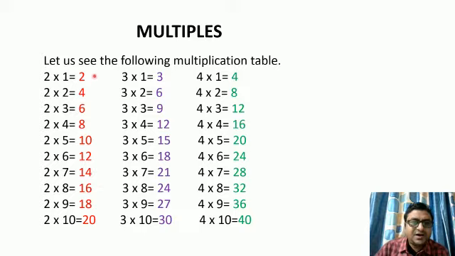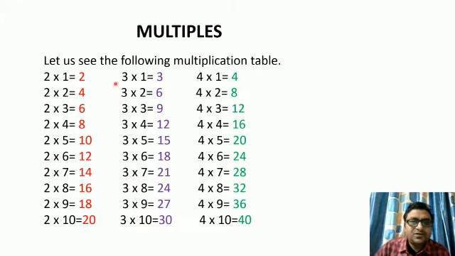All these are the multiples of 2. Very simple. So simply we have to remember the table of 2 to find out the multiples of 2.